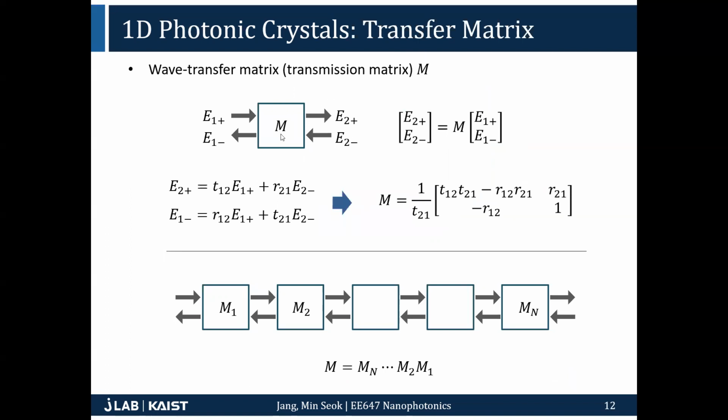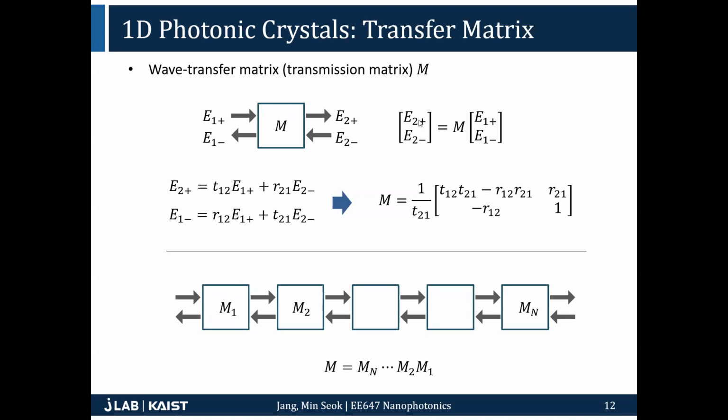The transfer matrix connects the electric field amplitude on one side of a layer to the other side of the layer. So you multiply this M matrix, the transfer matrix, with a vector whose elements are E1 plus, which is the incoming wave from the left side, and E1 minus, which is the outgoing wave to the left side.